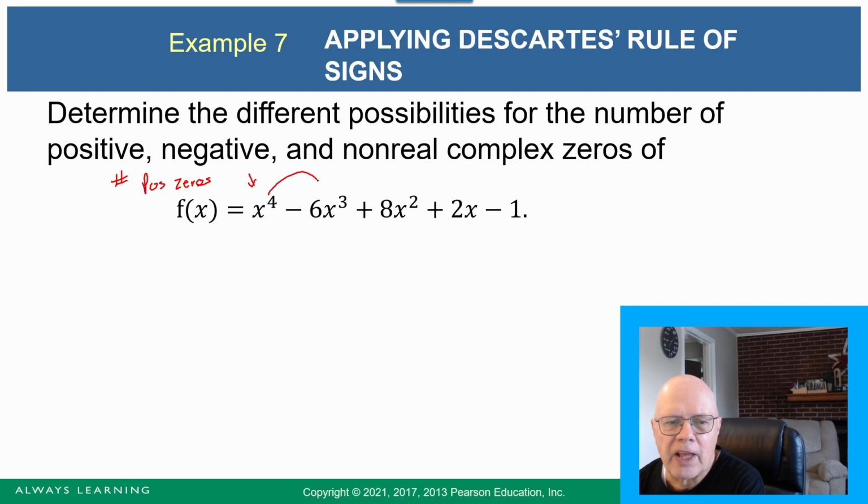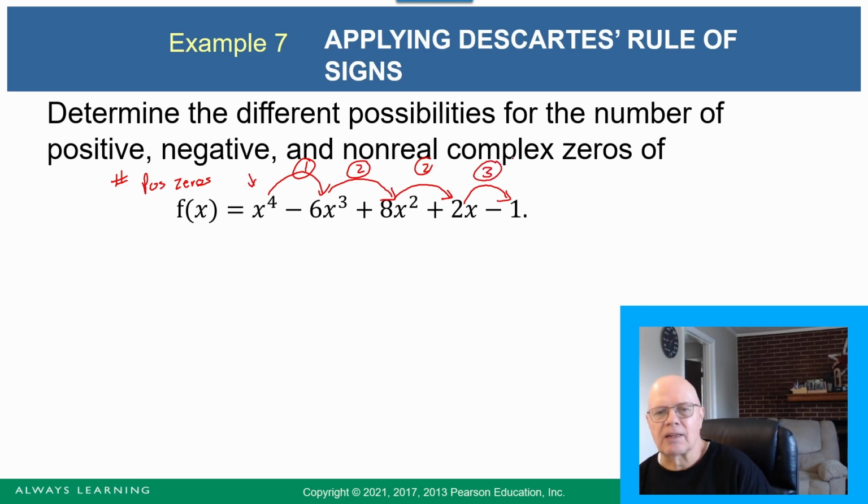When we go from here to here, that's one sign change from positive to negative. Move to the next one, it changed sign again, and that's 2. Again, well, that didn't change signs, so we've still got 2, and this one changes sign, so we've got 3 changes of sign. Now, does that mean there are 3 positive zeros?